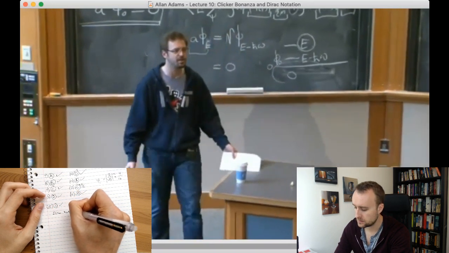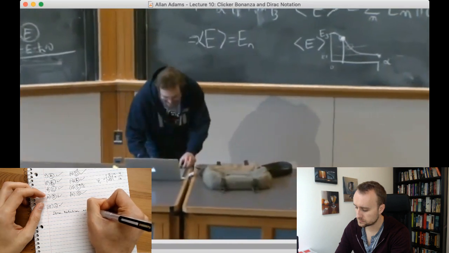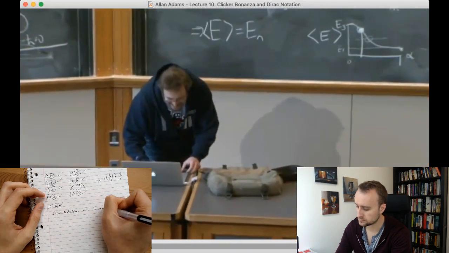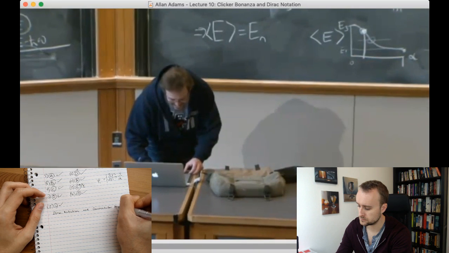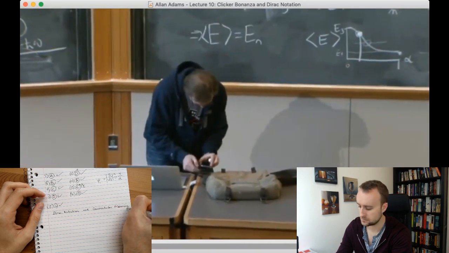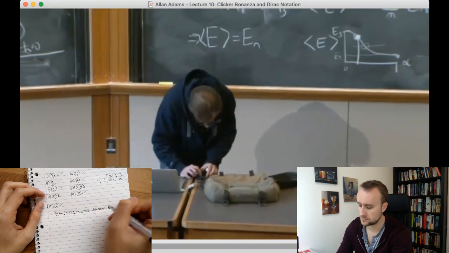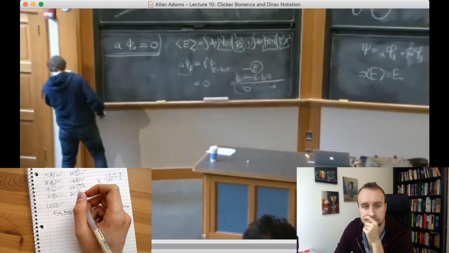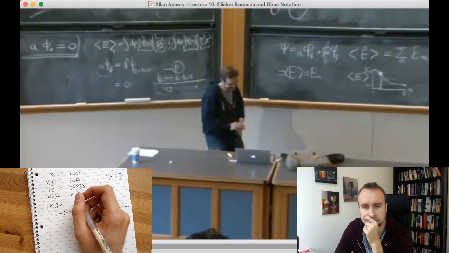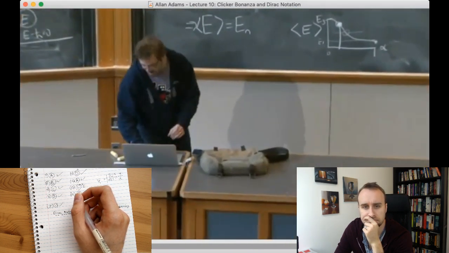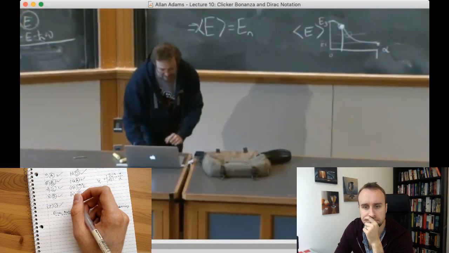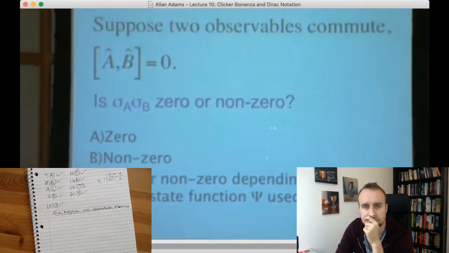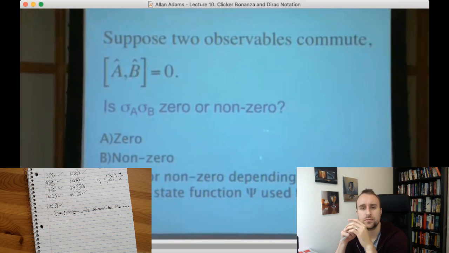So first off, let me ask you guys a question. Suppose two observables commute: the commutator of operator A and operator B equals 0.